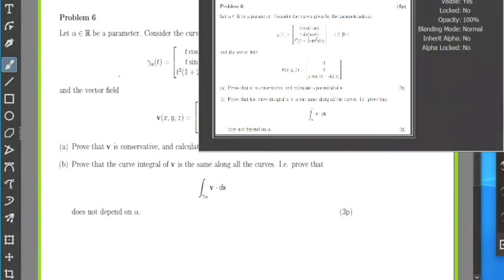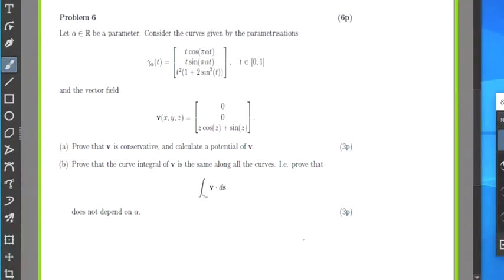Here we move on to line integrals and conservative vector fields. So we have a curve here. It's a quite weird curve. The parameterization looks kind of spurious. And we have a vector field which looks a lot simpler.